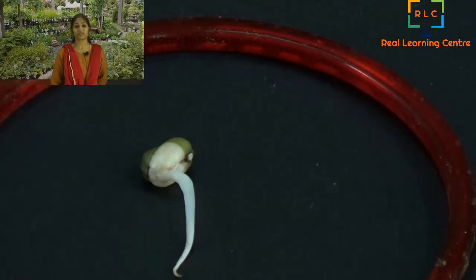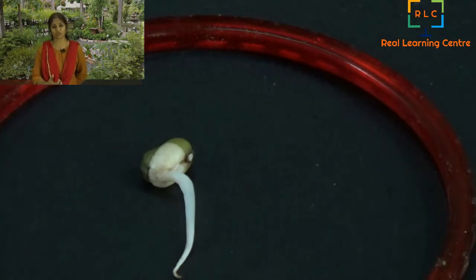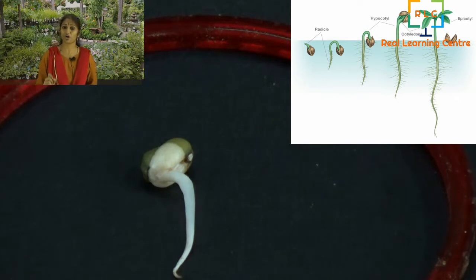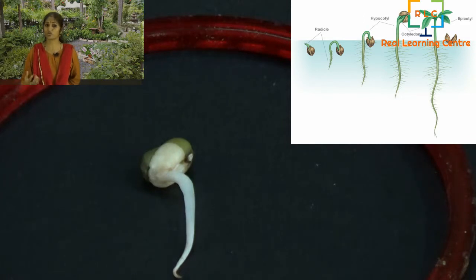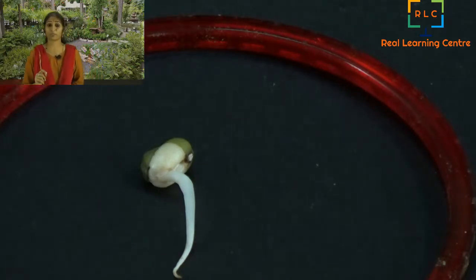Now this part of the seed which grows first, which comes out first of the embryo and will generally form the root of the plant, is our radicle. Radicle gives rise to roots, and along with the radicle, there is one more region which comes out of this seed, and that is our plumule.